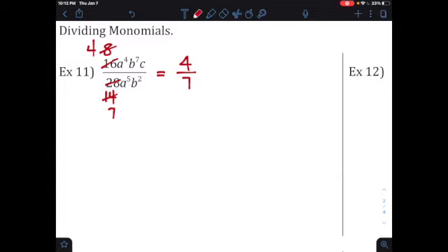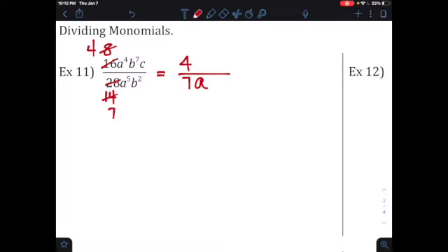Then you look at your letters. Well, I would like to make this line a little bit longer, so I can fit all my letters. I have A to the 4th on top, A to the 5th on the bottom. So therefore, I have one extra A on the bottom.